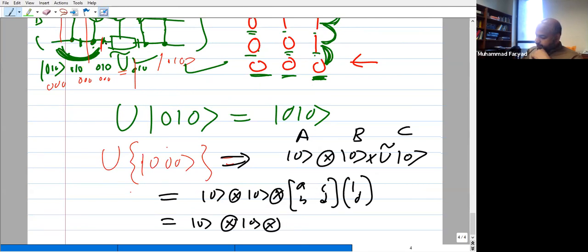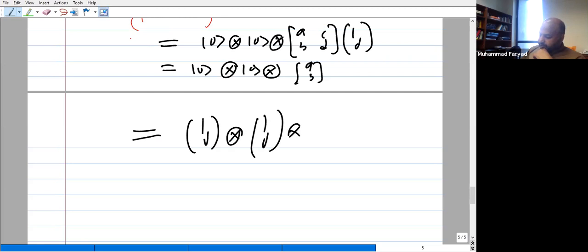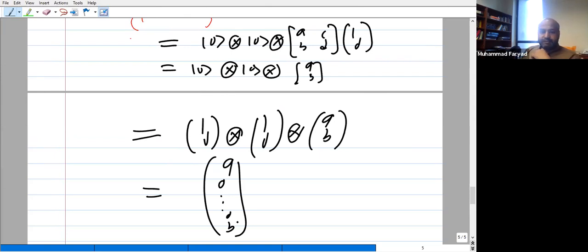So this is what I get. This would be 1, 0 tensor 1, 0 tensor AB. And if you work it out, this is exactly A 0, 0, 0 all the way to B. And this is exactly the same state, A 0, 0, 0 plus B 1, 1, 1, that we get from the general unitary.